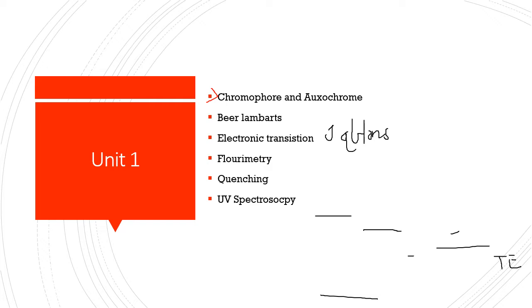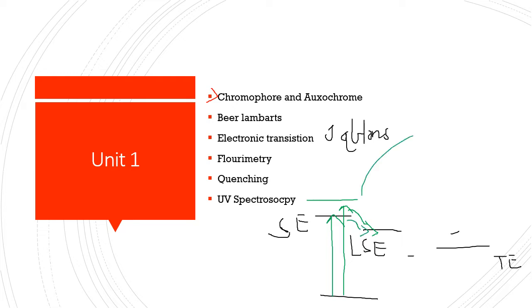From the ground state, there is absorption of UV radiation and it reaches the excited state. When it reaches the excited state, it then emits radiation, loses energy and moves back to lower energy levels.